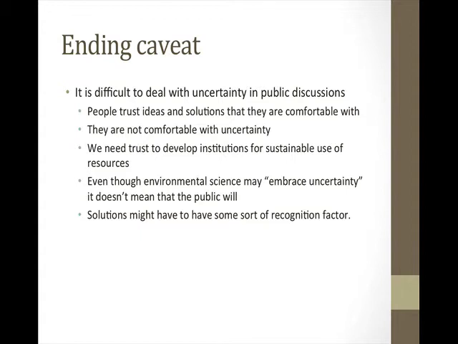So even though it's nice to say that environmental science needs to embrace uncertainty, it doesn't mean the public will. So some of these solutions that we're preparing might have to contain some pieces that people recognize and trust, but then as we build them out into more sustainable solutions, the innovation is really putting together old pieces in new ways.